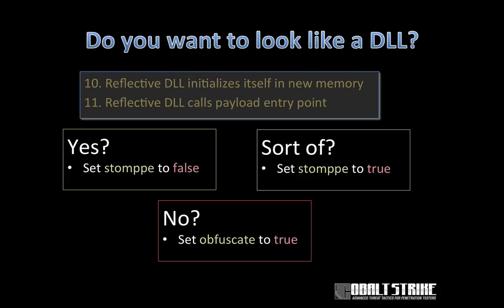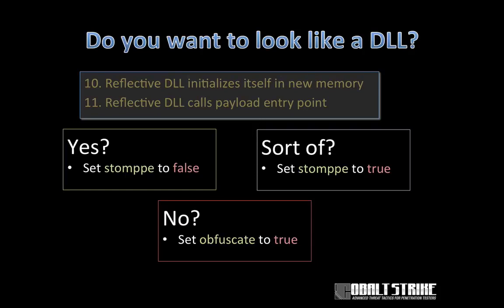But what if you really, really don't want your beacon living in its new home to look like a memory-injected DLL? Well, if you're really sure about that, then set the obfuscate option to true. Now, obfuscate has existed before Cobalt Strike 3.11.